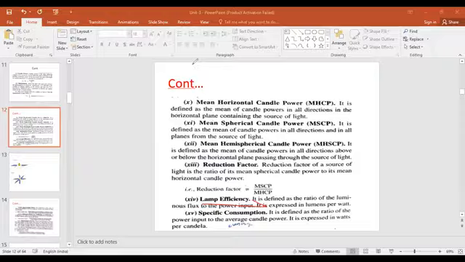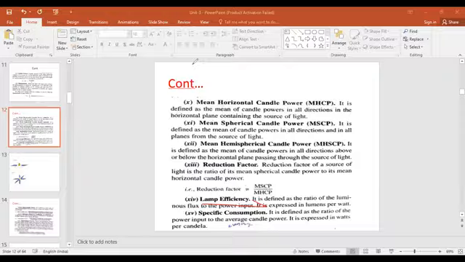Again, this is an important term because it is asked in numericals also. So what is the output and input of the lamp? The output we are getting is luminous flux, the lumen coming out.